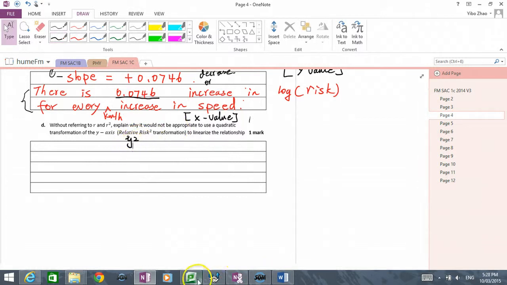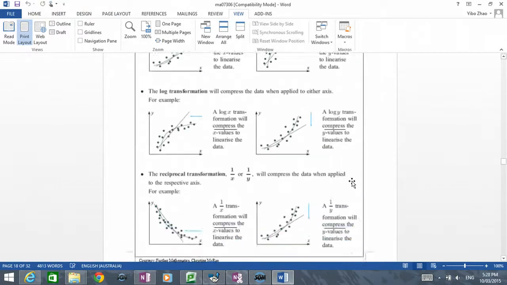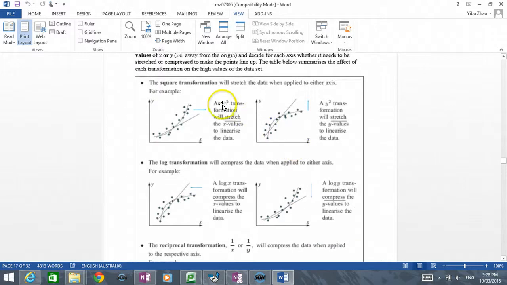Remember, you need to go to your knowledge book. It should have notes regarding this. With x square, we stretch all the x values horizontally. With y square, we stretch the y values up.